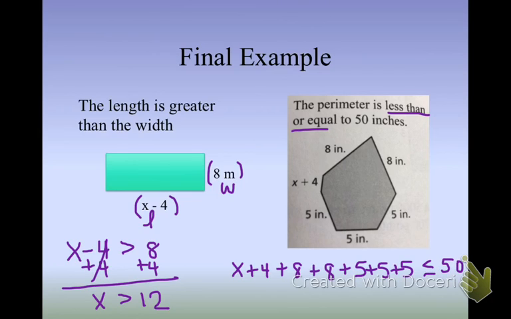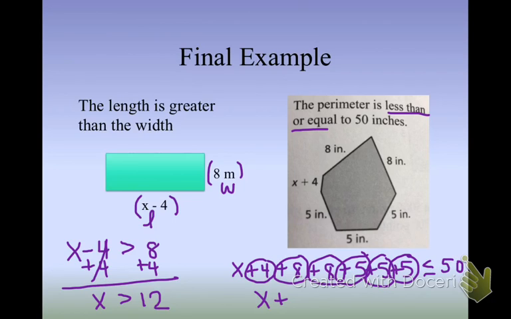50 inches. So look at all these like terms that we have, all these constants, with a lot of addition going on. So we can simplify it to be x plus, and then we have 4 plus 8 is 12, plus 8 is 20, plus 5, and plus 5.